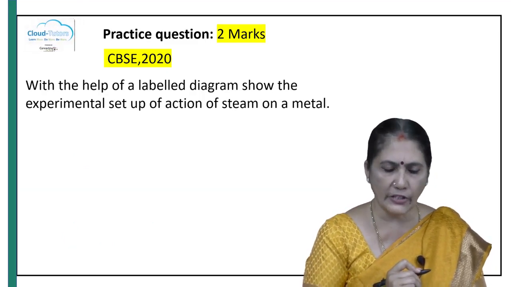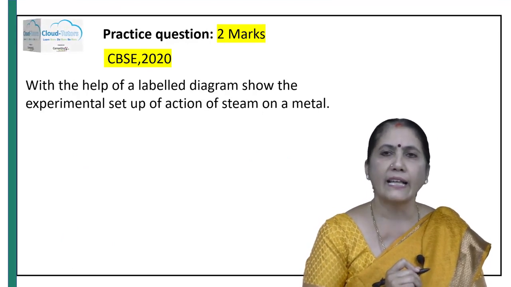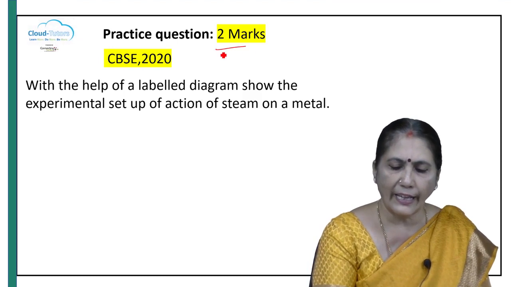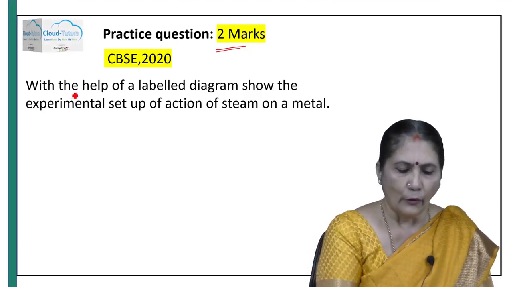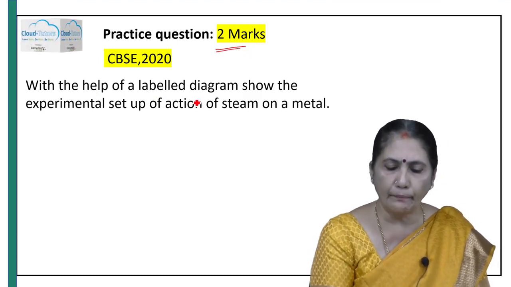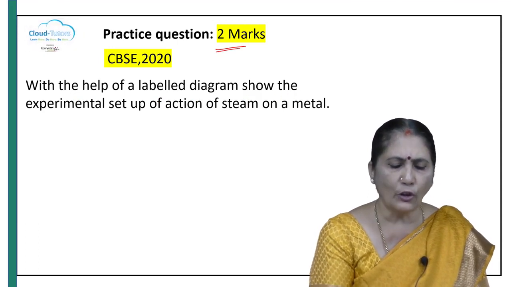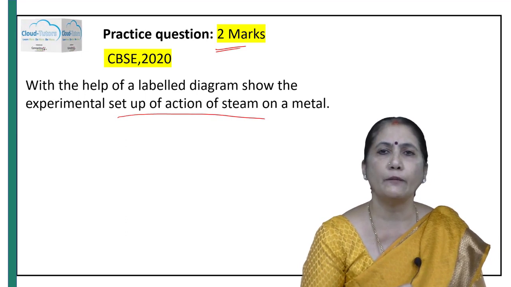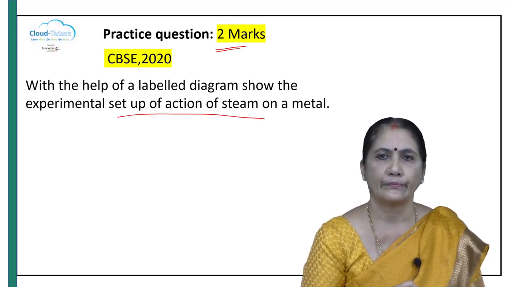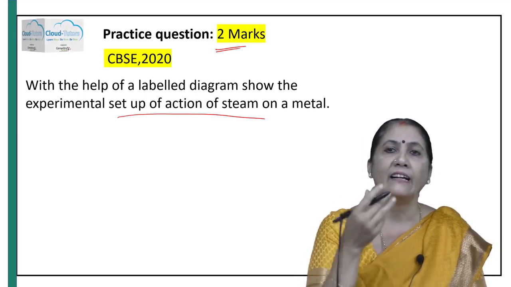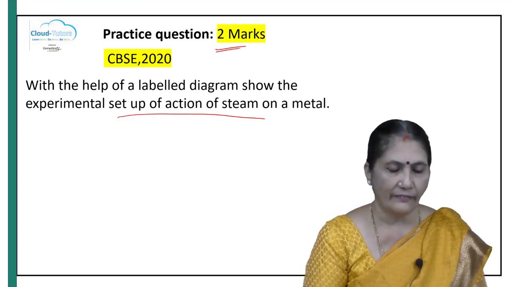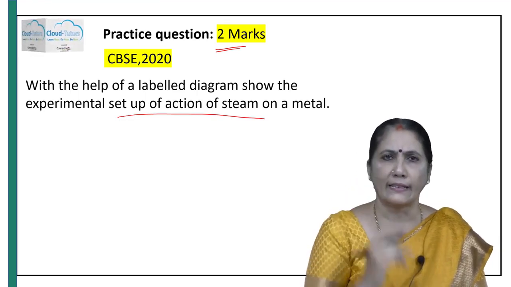Now coming to the next question, which has been asked in CBSE 2020. Again a 2-mark question. With the help of a labeled diagram, show the experimental setup of action of steam on a metal. So here is the testing of your drawing ability skill, which is just for 2 marks asked.